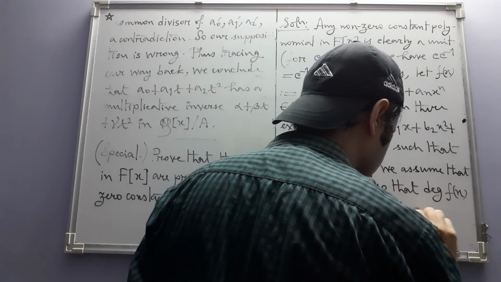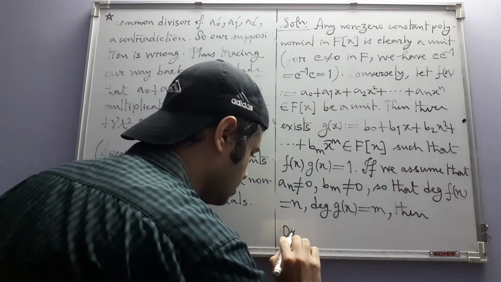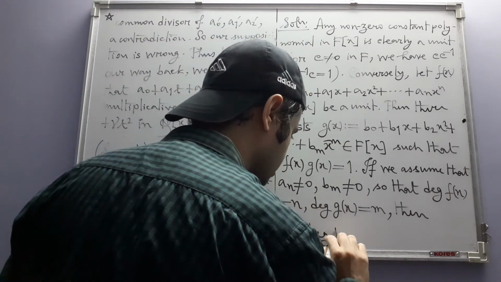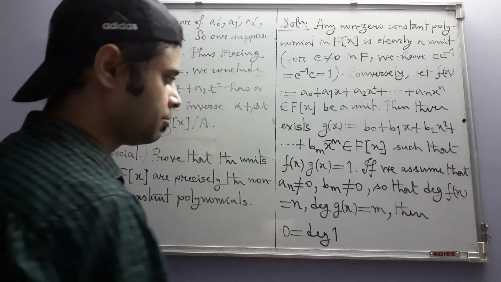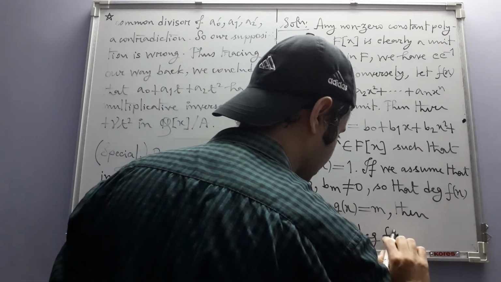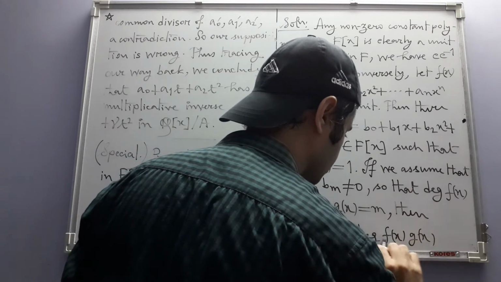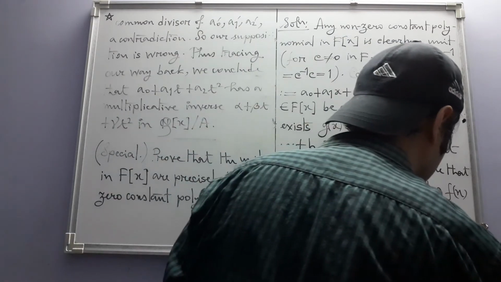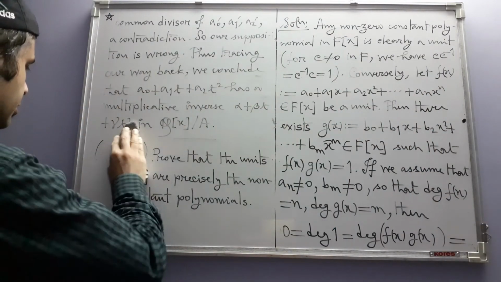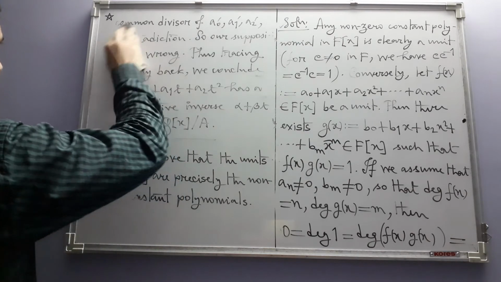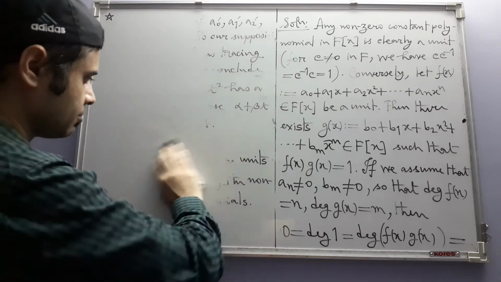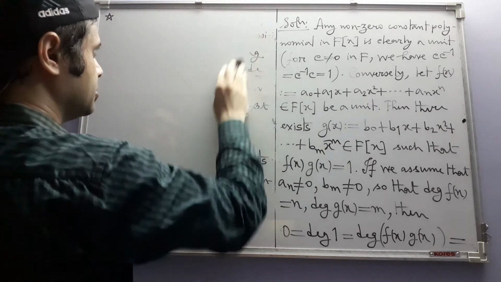Then 0 is equal to what? 0 is the degree of the constant polynomial 1, but 1 is equal to f(x) times g(x), and here we are able to use that degree formula. That is, if you take the product of two polynomials, then the degree of that product is equal to the sum of the degrees.